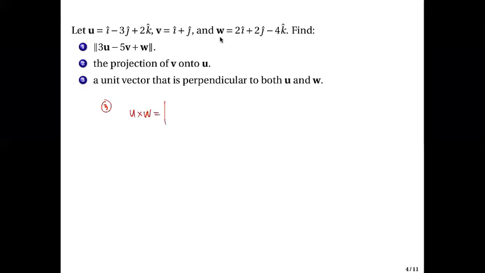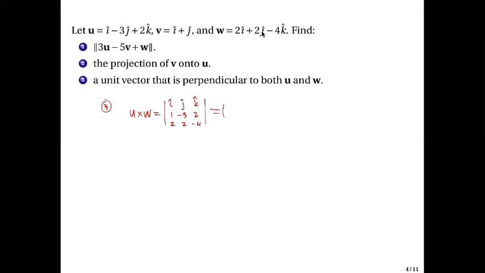So this is the determinant. So i hat, j hat, k hat. And then for u, it's 1, negative 3, 2. For w, it's 2, 2, negative 4.